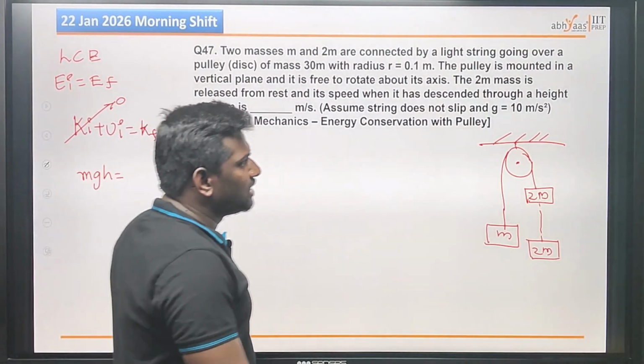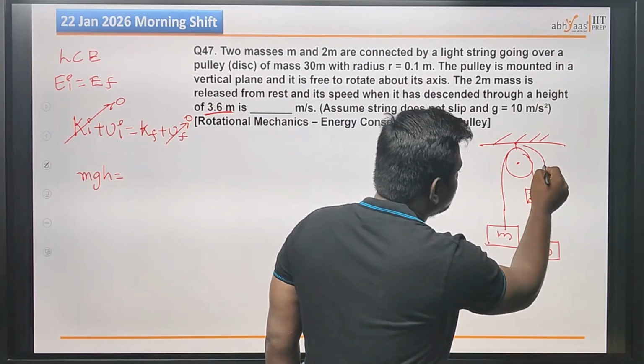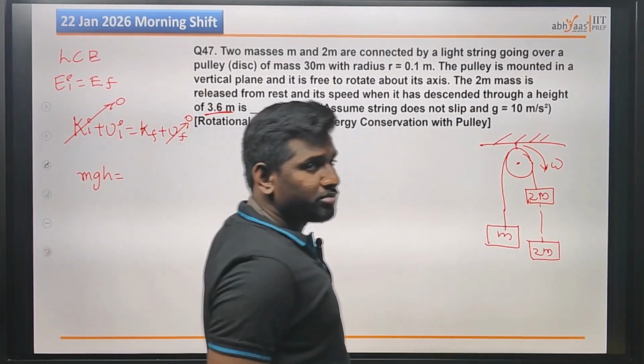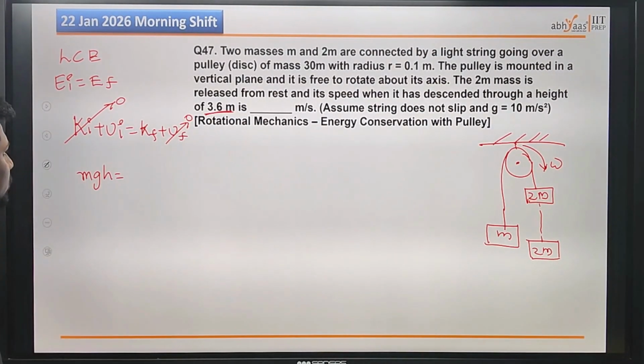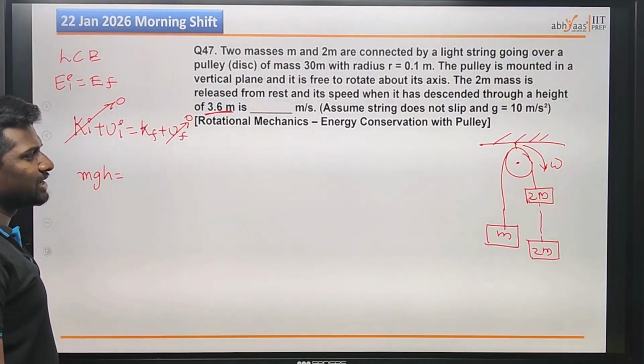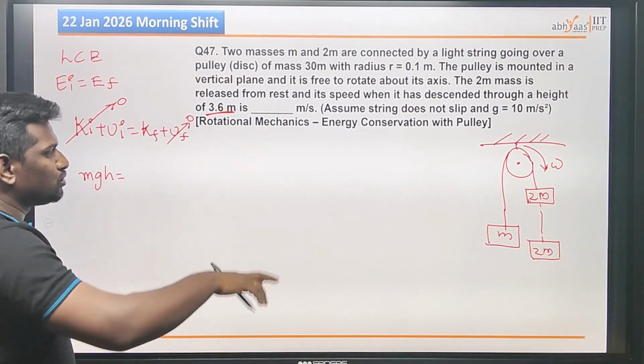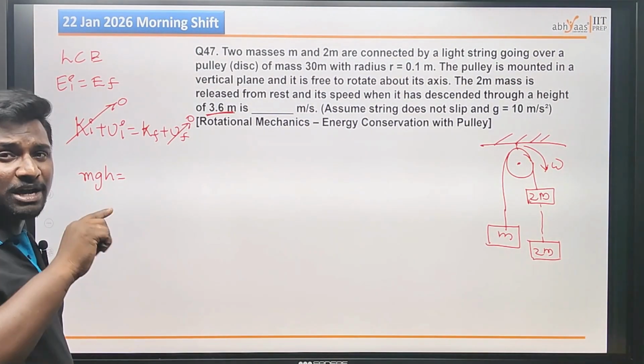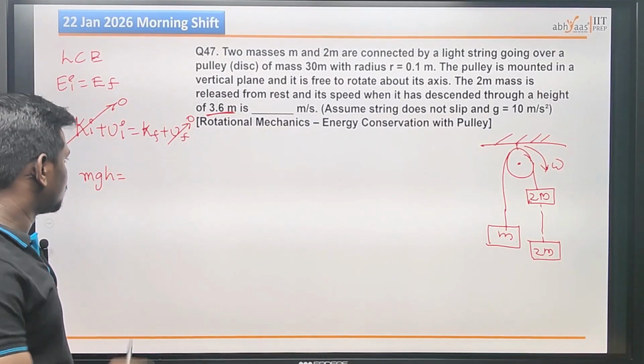Because it is in motion, the pulley is also rotating with the angular velocity omega. Remember this. So what is the final kinetic energy? Kinetic energy due to two masses plus the pulley.